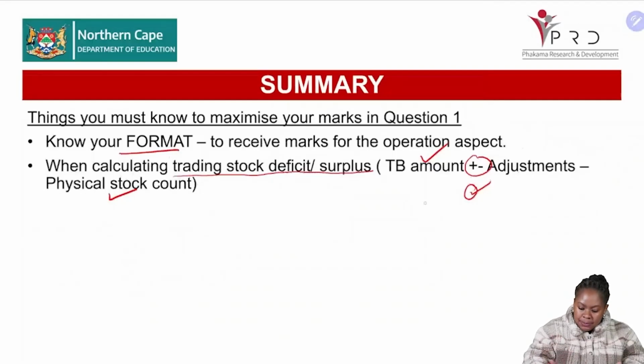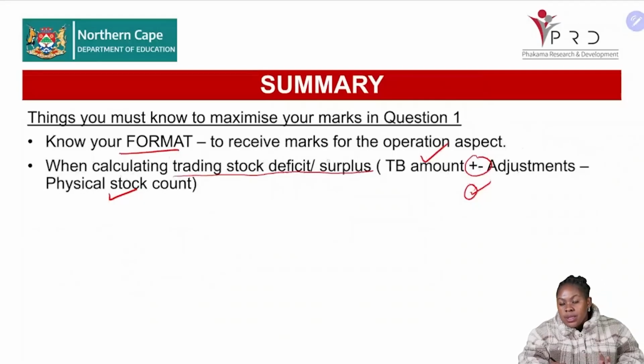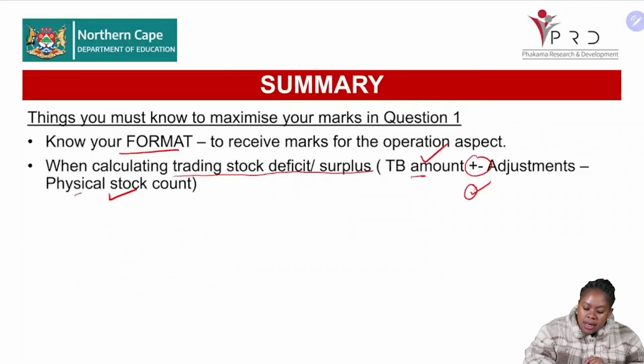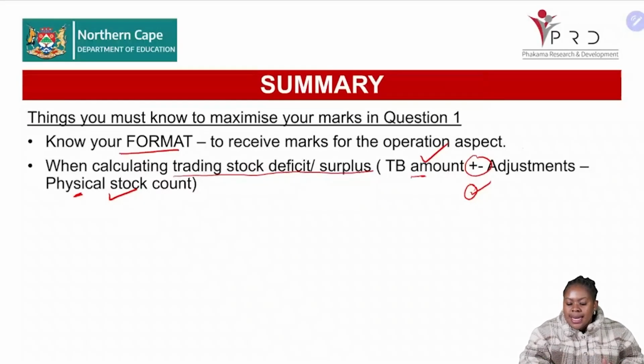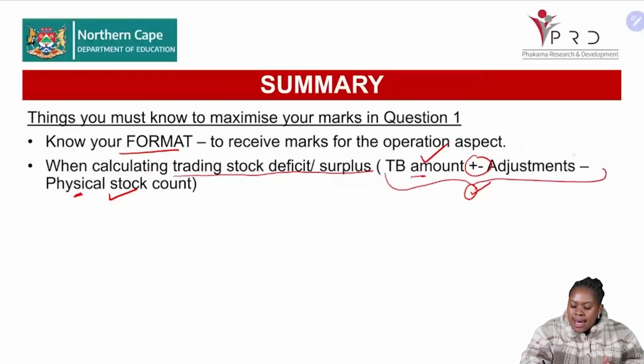Then remember, we cannot just assume that it's a deficit or surplus by just comparing at first hand. We need to see the impact that the adjustments are going to have on the amount that's in the trial balance, and then only we compare the two.